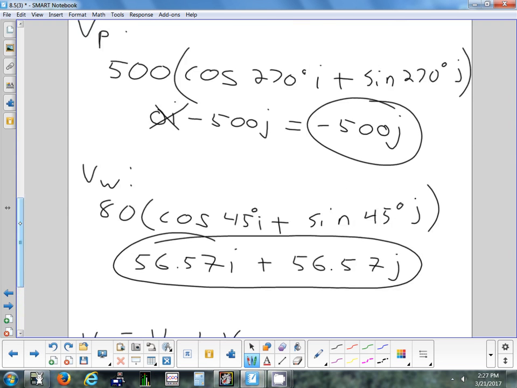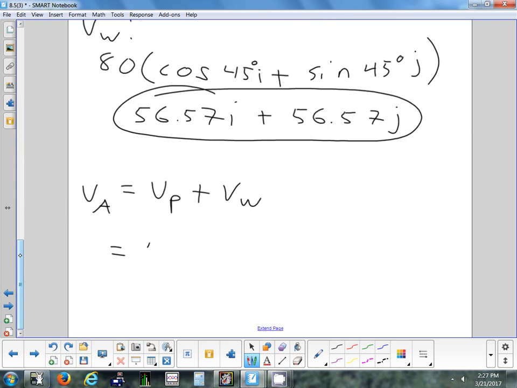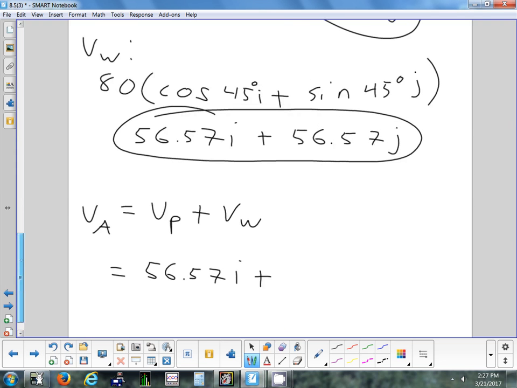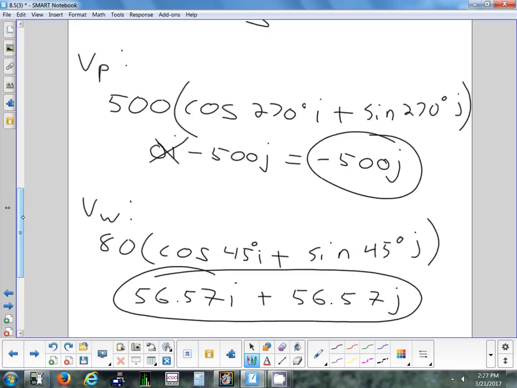The i component. Is there any i component for the plane? No. So when you combine that with the i component for the wind, it's 0 plus 56.57 i. Okay, plus, is there a j component for the plane? Yep, negative 500.